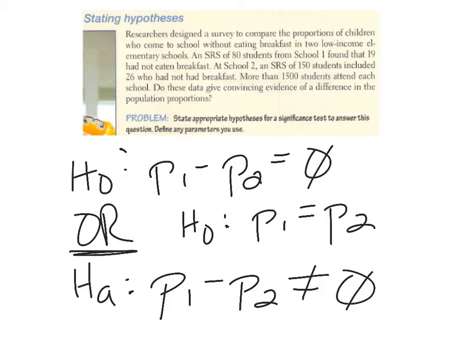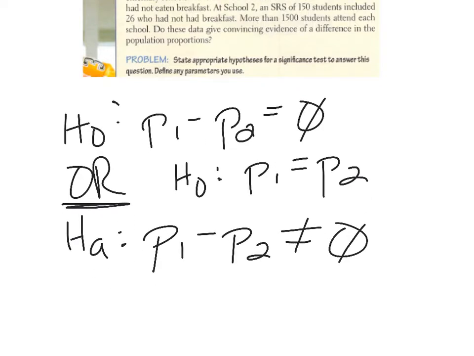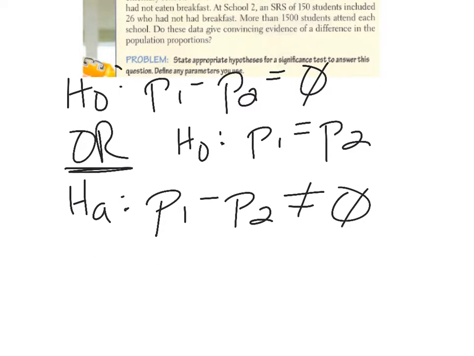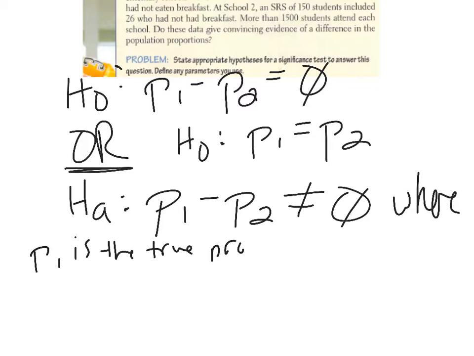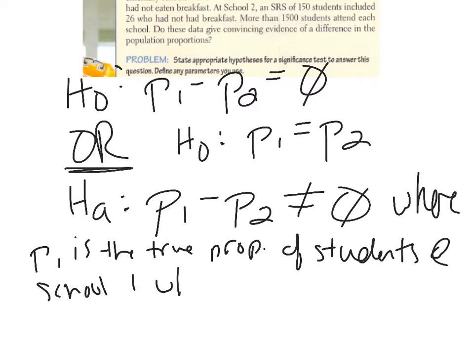So I have all this information, and let's scoot this up some so I can write. Okay. So my null hypothesis is that the two are equal. My alternative is that they do not equal, where, and then I define my parameters, where P1 is the true proportion of students at school 1 who did not eat breakfast.